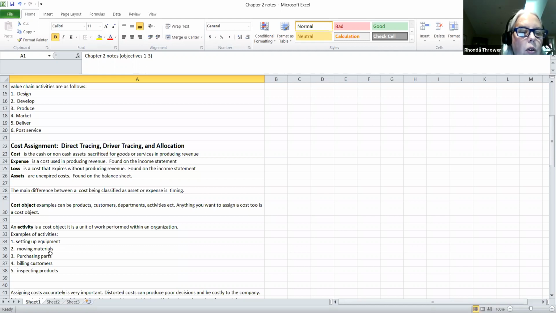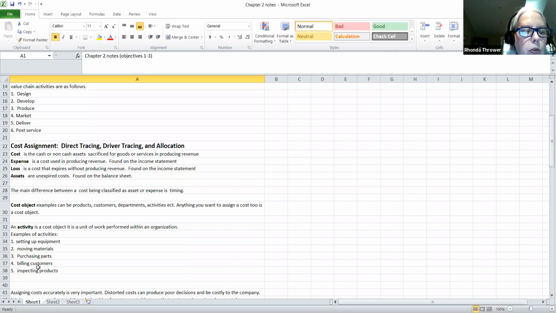Moving materials is also an example of an activity that we would assign cost to. Moving materials is transporting materials from one place to another place where they are going to be converted to the finished product. But moving materials can be a cost object, and we want to assign cost to those materials that are moving throughout the process.